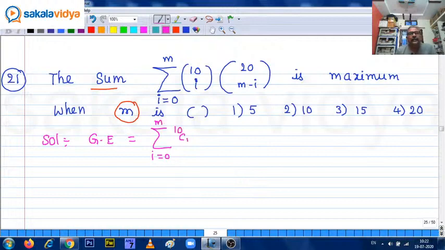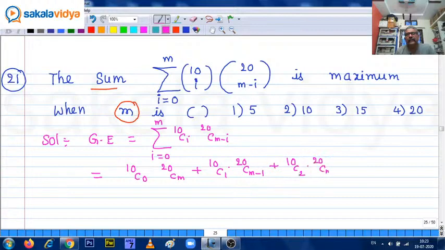10Ci times 20C(m-i). This can be expanded like this: 10C0·20Cm plus 10C1·20C(m-1) plus 10C2·20C(m-2) and so on, up to 10Cm·20C0. It's nothing but Vandermonde's identity.